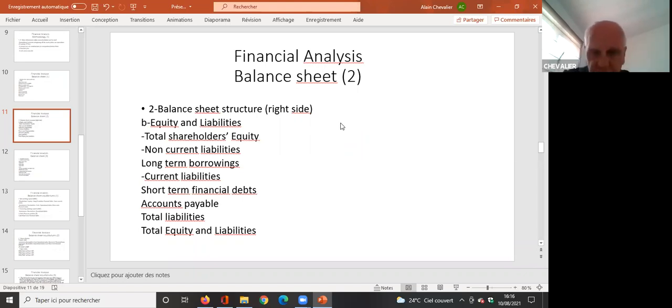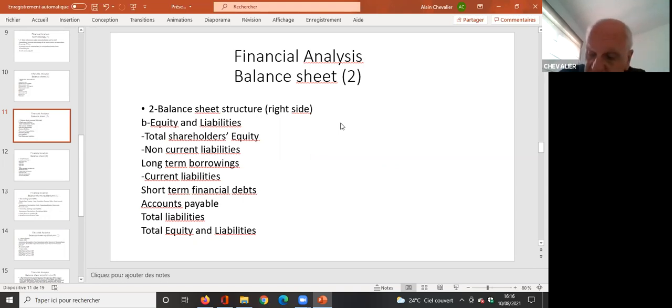If you have a look at very profitable firms, for example, some of the firms you know very well in information systems like Microsoft, Apple, and some others, you will see that the total level of retained earnings is much higher than the total level of equity. That means the total equity is made mainly of retained earnings. Why?